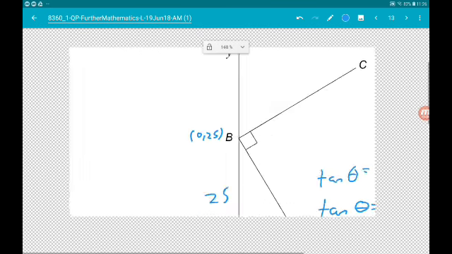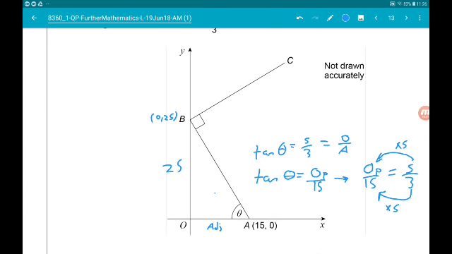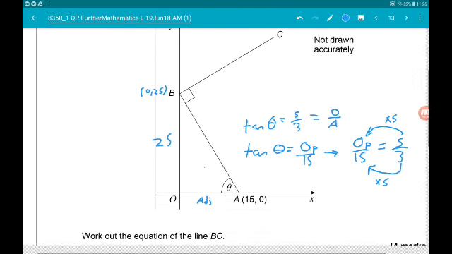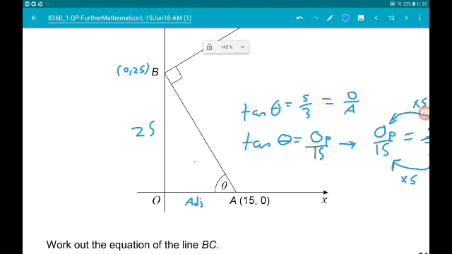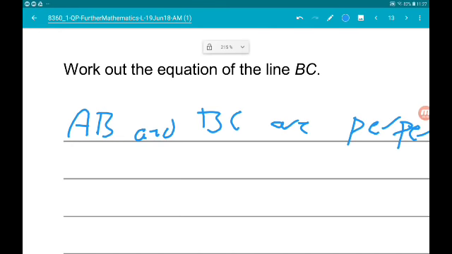Now what this allows us to do is the rest of the question, which is good. So we can now find the gradient of AB. So the gradient, let's call it MAB. Now remember, gradient is difference in y over difference in x.